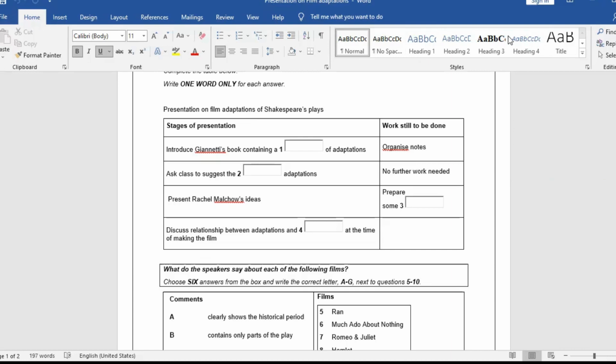So I thought I'd start with Giannetti, who's a professor of film and literature, and in one of his books he came up with a straightforward classification of film adaptations based on how faithful they are to the original plays and novels. Right.